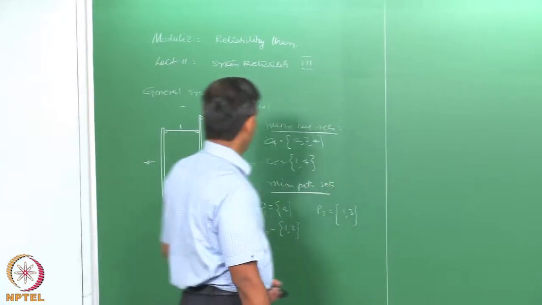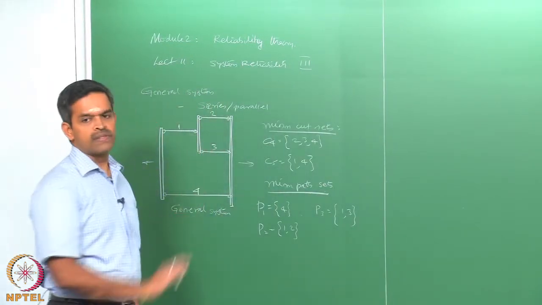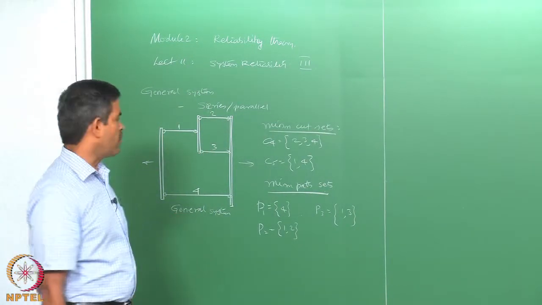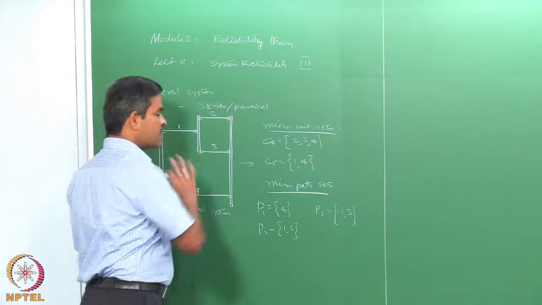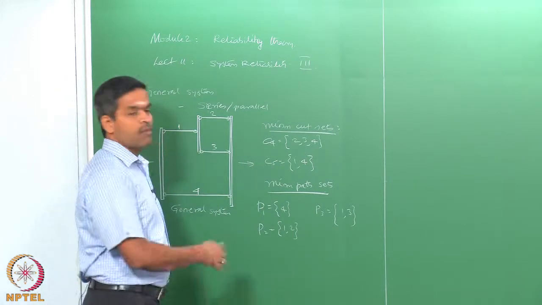Okay. Now, we are going to form a system which comprises either minimum cut sets or minimum path sets.